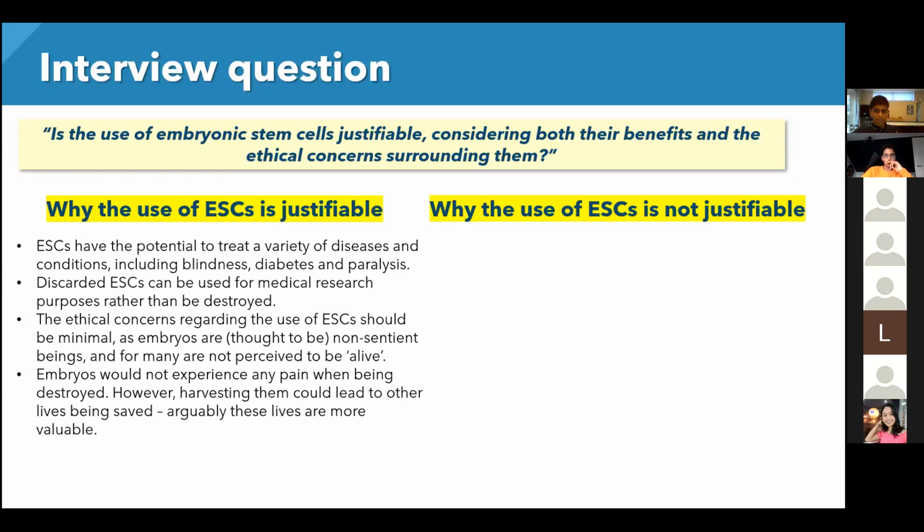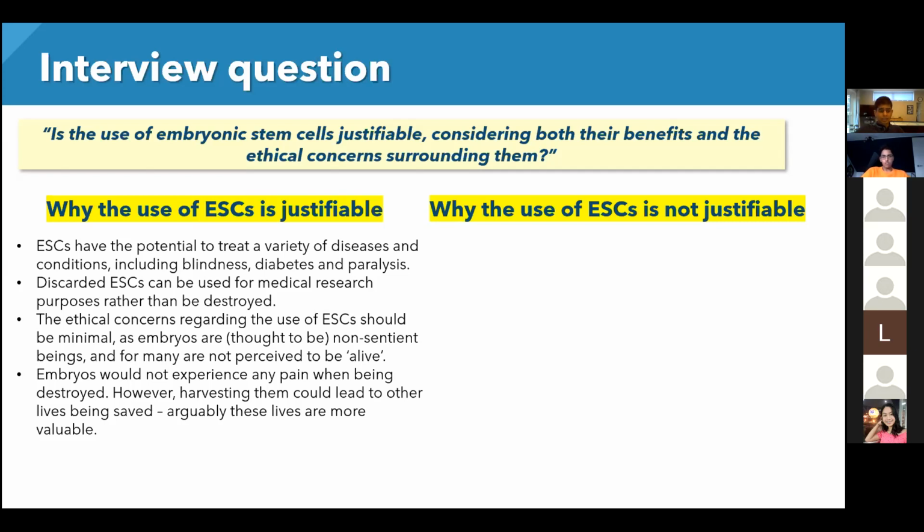If we are able to establish a method of ethically obtaining stem cells, then if the ethical issues aren't as significant, we'll just have to focus on the cost and the procedural risks of using them, like we would with any other medical treatment. So that's one point, perhaps why we shouldn't use embryonic stem cells: because there are alternatives that can be used instead.